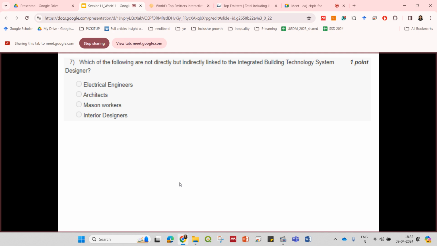We move on to the next question. The next question is: which of the following are not directly but indirectly linked to the integrated building technology system designer, or the IBTS? There are four options: electrical engineers, architects, mason workers, and interior designers.